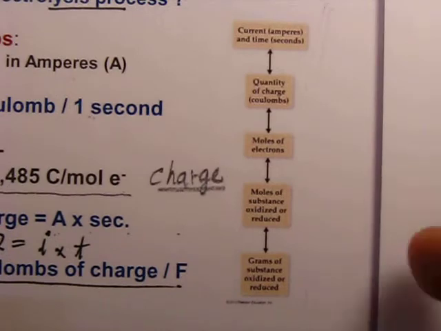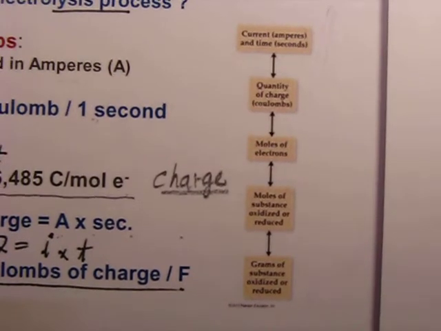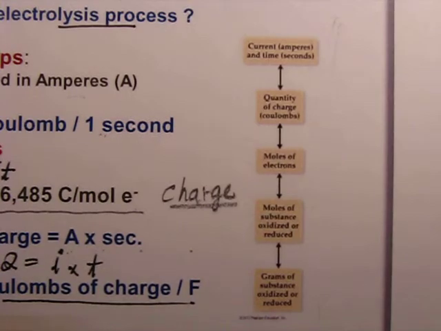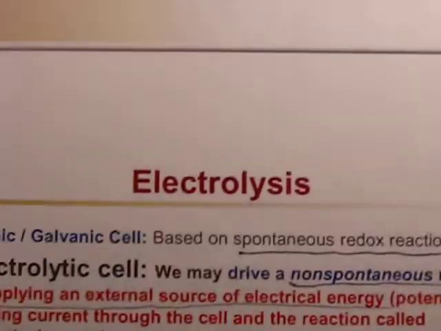So this flow chart is what we are going to use in the stoichiometry of electroplating.